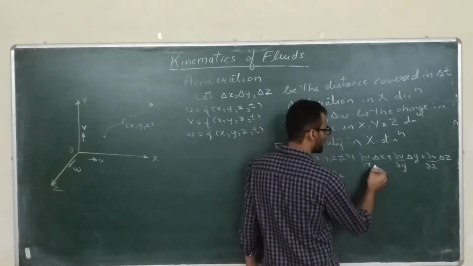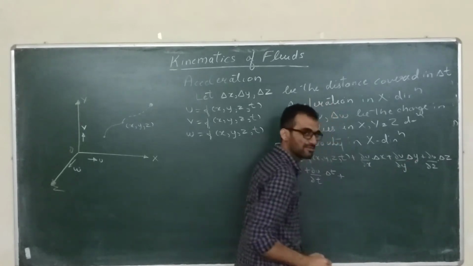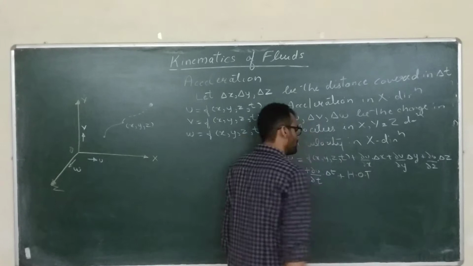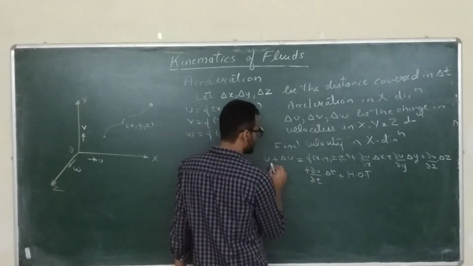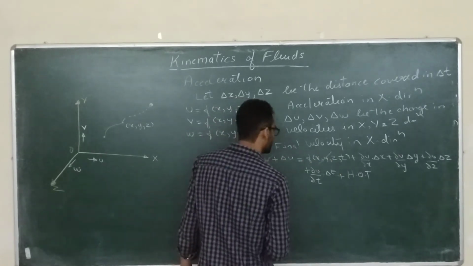So del 2u by del x square into delta x square, del 2u by del y square into delta y square, like that. So plus higher order terms. Alright, in this way we can write it down. Now this u is nothing but f of x, y, z and t, so we can cancel this out.